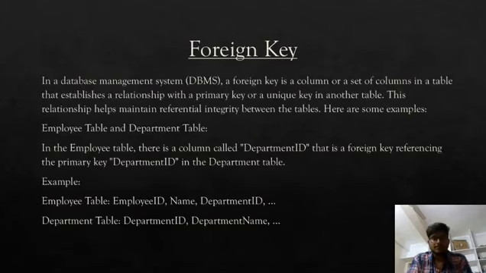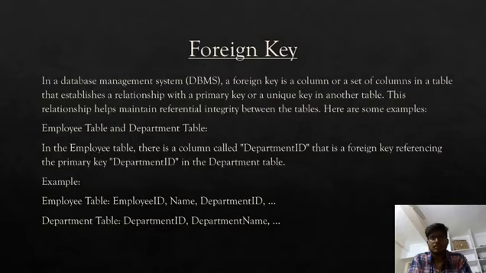Foreign key. A foreign key is a key which is the primary key in one table and is considered a candidate key in another table. In that other table, the candidate key is identified as the foreign key.